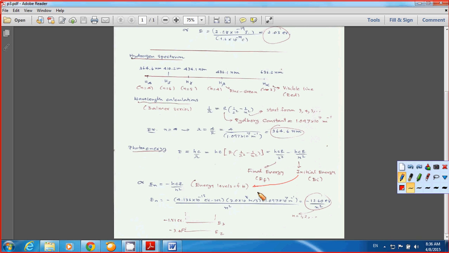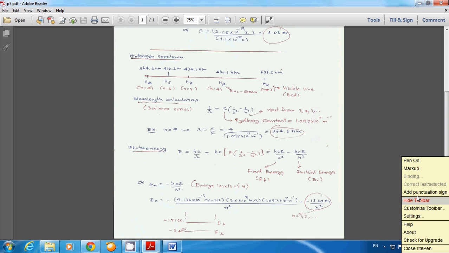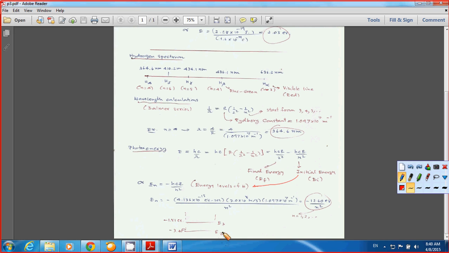And for example, you want to find the energy levels of the hydrogen atom. You can take a look at this one here. When you put E equal to E2, E3, and it starts from, you're not talking about a ground state here. Actually, I have n equal to 1, right? It becomes the ground state, simply negative 13.60 electron volts. And when n equals 2, you end up with negative 3.40 electron volts.